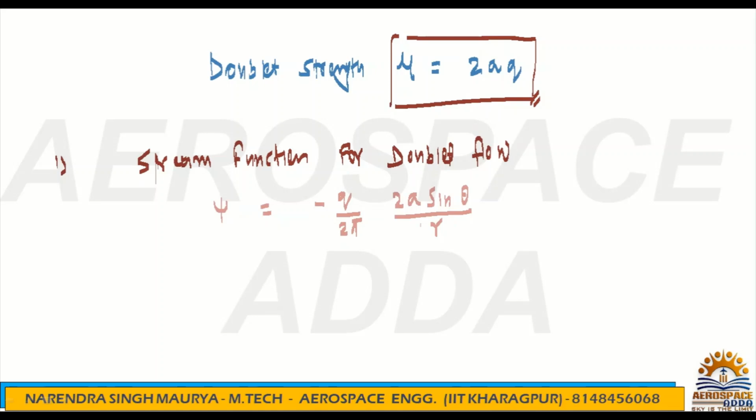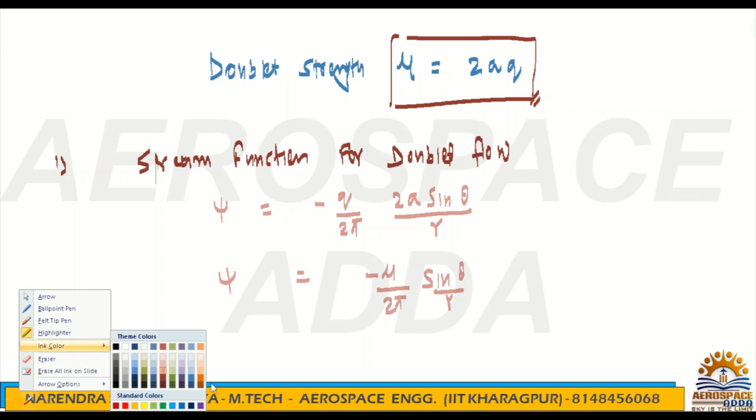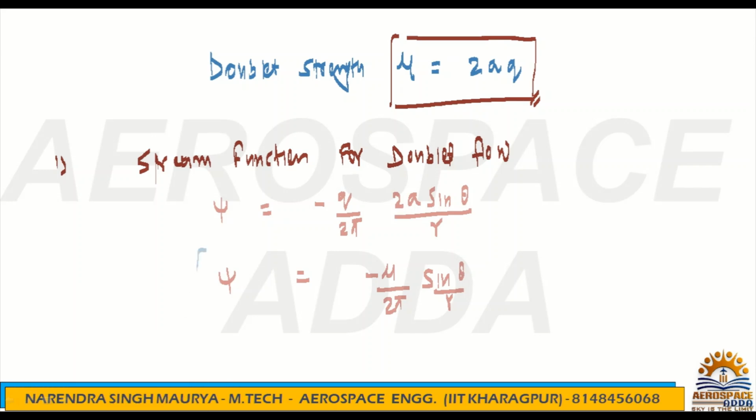So r is nothing but radial distance. First of all, just finish this formulation. So psi is nothing but, you are getting 2aq in numerator. So 2aq is nothing but mu. So minus mu upon 2 pi sin theta by r. This formula itself is very important. Okay. Always remember mu is nothing but doublet strength.